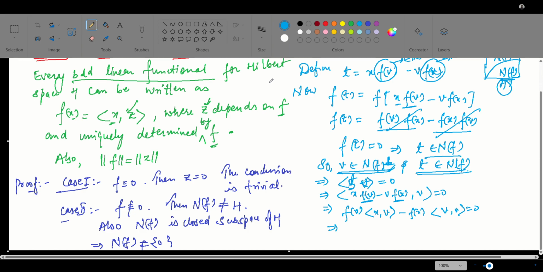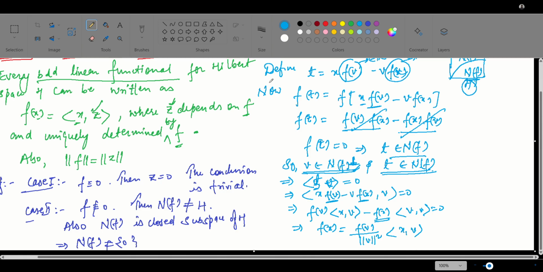So if you find the value of f of x, that will be equal to f of b divided by norm of b squared and x comma b. Okay, and next what will happen? This value will actually be equal to the inner product of x comma f of b bar upon norm of b square into b, right? So this is the inner product.